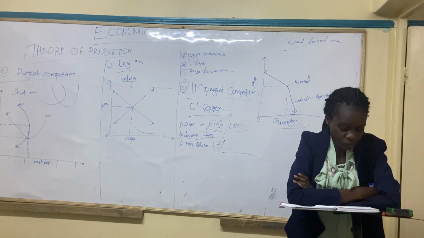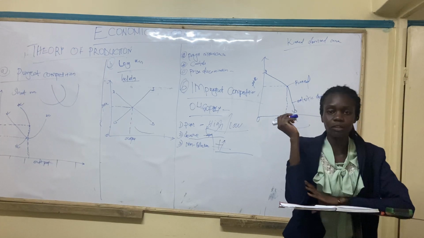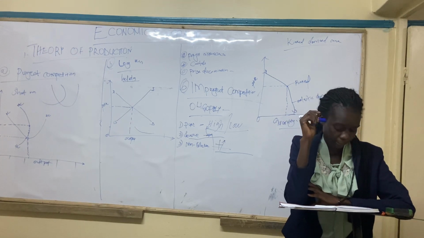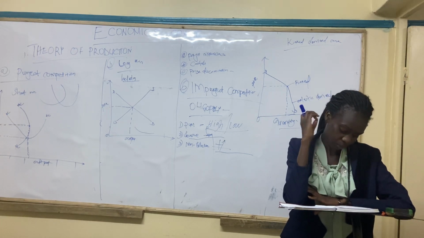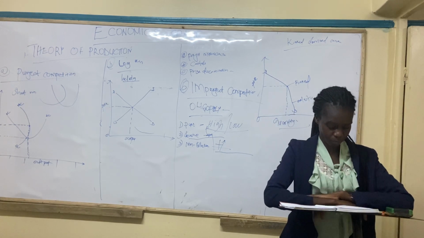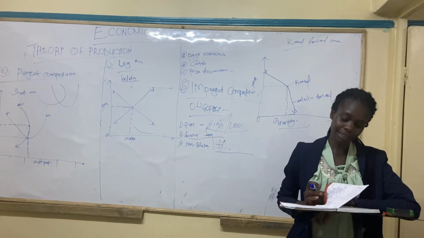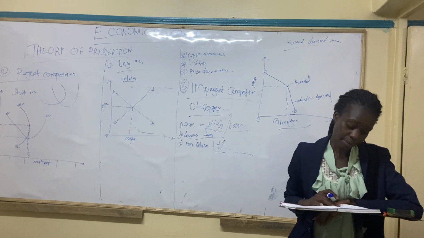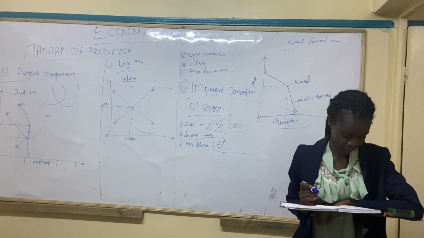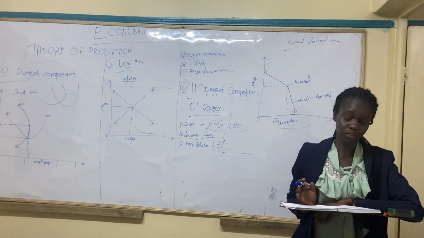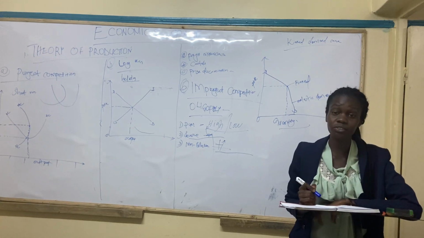There are many definitions in national income. These include gross domestic product, gross national product, nominal gross national product, and real gross national product. There are 4 of them.